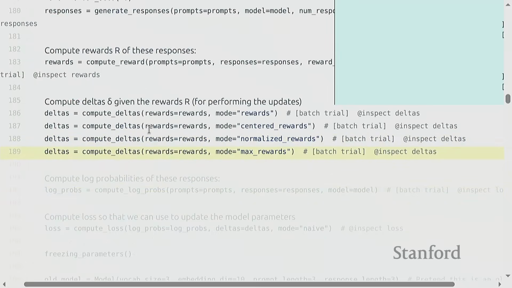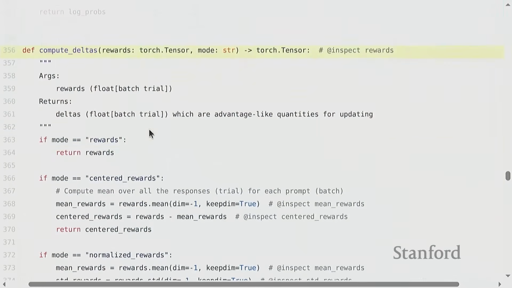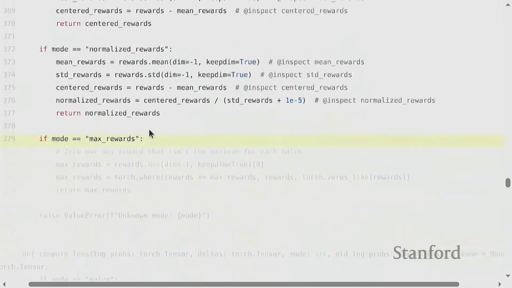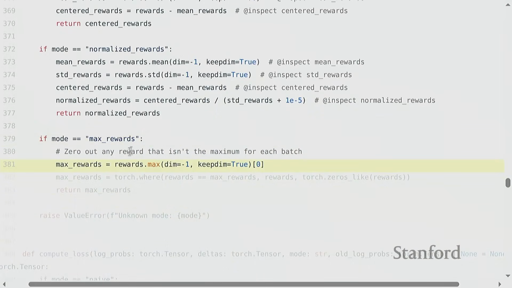Just for fun, there's another thing which the GRPO paper didn't do, but you might think is kind of a cool thing to do. You can zero out any reward that isn't the maximum for each batch as well.